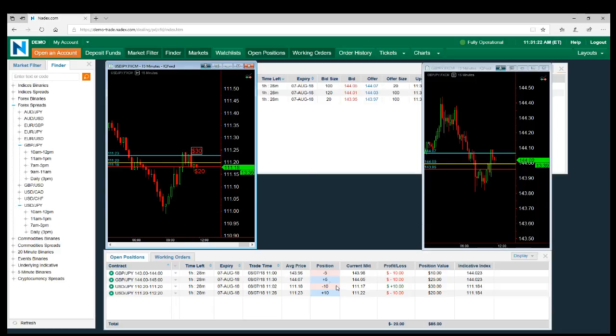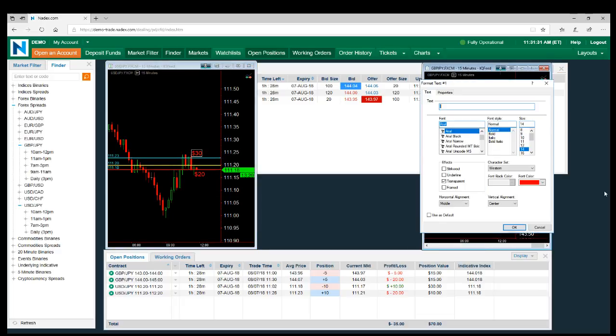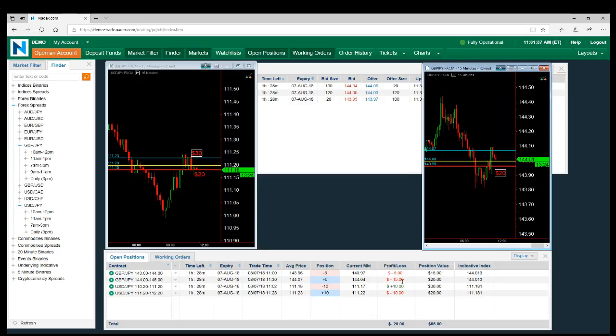Over on the British pound, we have $20 of risk on the bottom one. And then on the top one, we have 7 times 5 is 35.